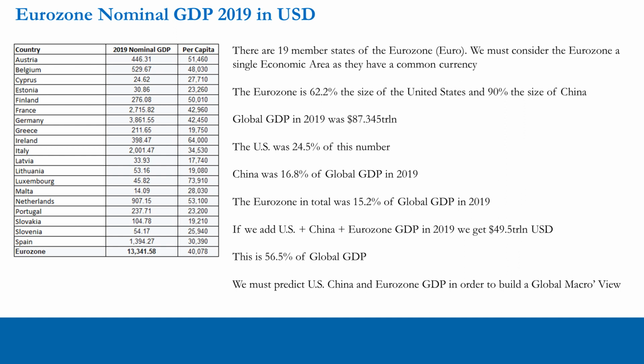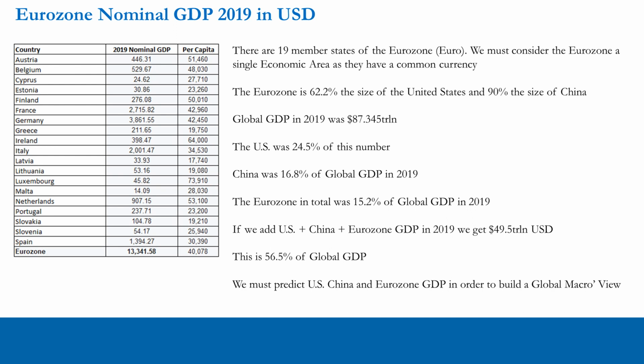Now, in 2019, global GDP was 87.345 trillion US dollars. And the US, so US GDP, was 24.5% of that number. China was 16.8% of global GDP in 2019, and the Eurozone in total was 15.2% of that number in 2019.